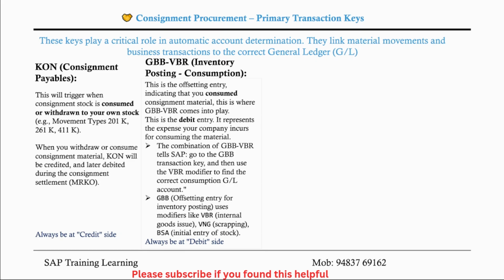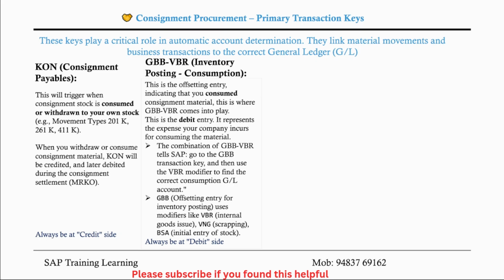That time GBB-VBR will come into the picture. When I say you consume internally, there are again two ways. One way is you consume this consignment stock directly against your cost center. The second way is you consume it directly against your production order.